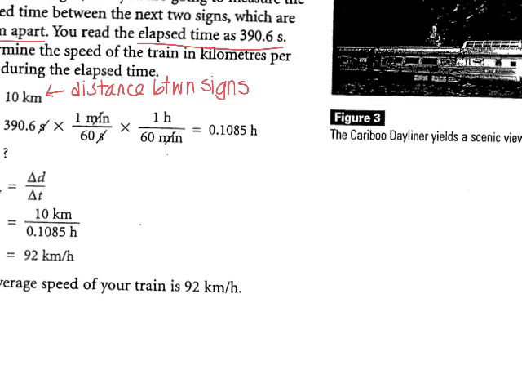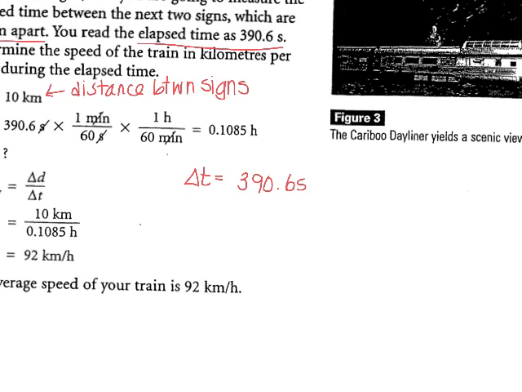So we know that delta T equals 390.6 seconds. But the thing is, the question here is asking for us to figure it out in kilometers per hour. And we have to change the seconds into hours.